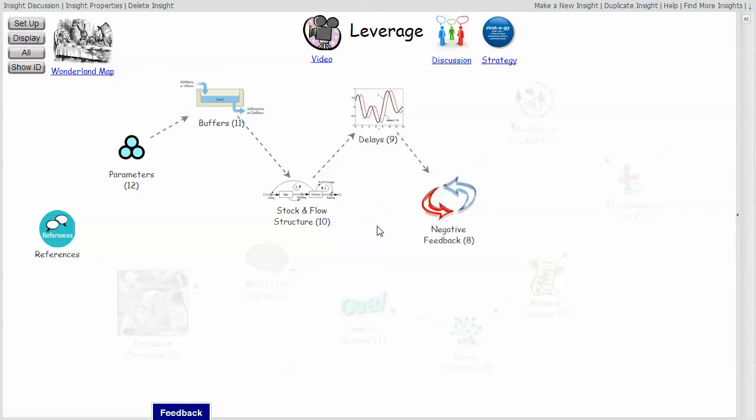Negative feedback tends to balance things, tends to slow things down, and it may in fact be appropriate to provide some negative feedback in certain places to balance things out. And then there may be places where we need reinforcing feedback to strengthen or speed things up.